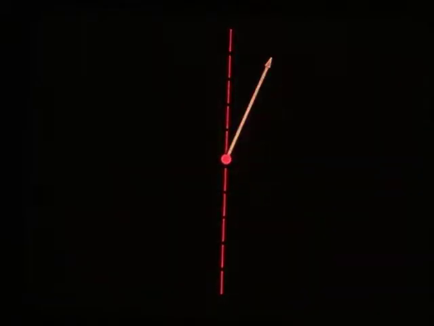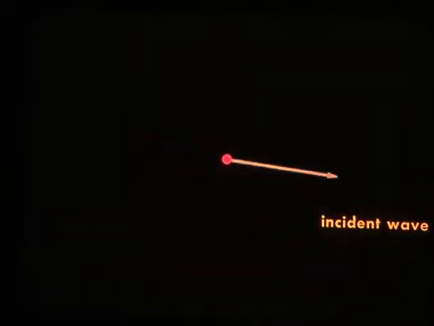To make our construction simpler, we fade out the oscillating field vector. We just agree that the projection of this phasor upon a vertical line through the dot is the electric field arriving at P. Let's suppose that this phasor corresponds to the incident field, which has gotten through the molecular layer.